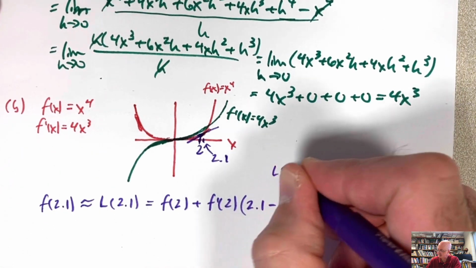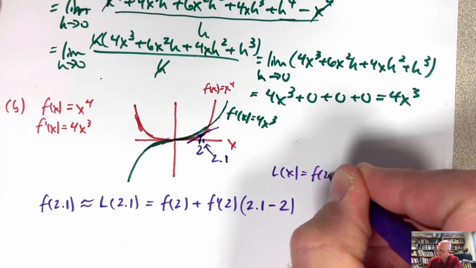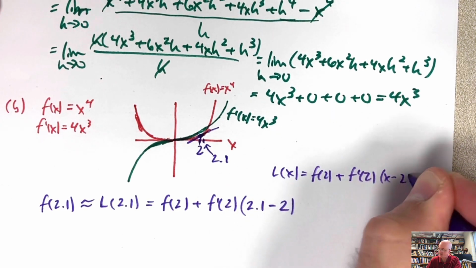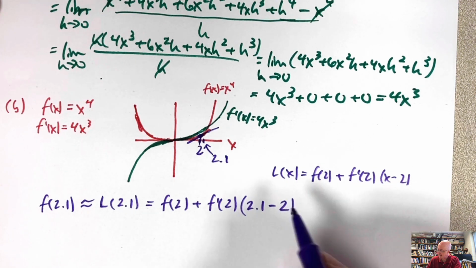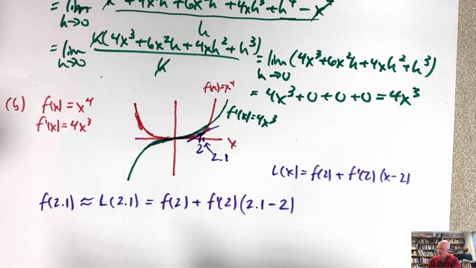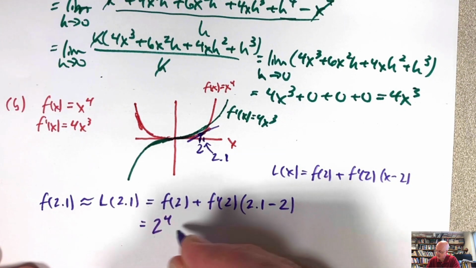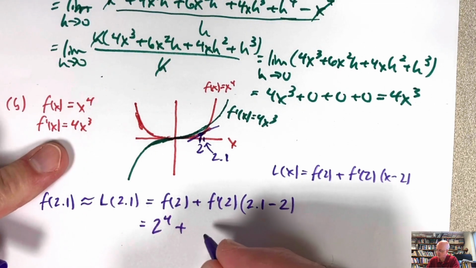L of x is f of 2 plus f prime of 2 times x minus 2. And I'm plugging in x equals 2.1 there. So f of 2 is 2 to the 4th. F prime of 2 is 4 times 2 cubed.